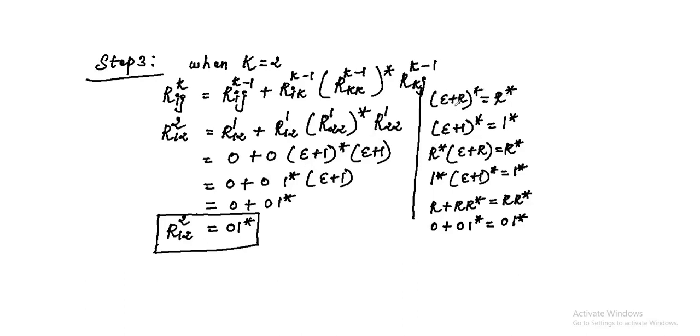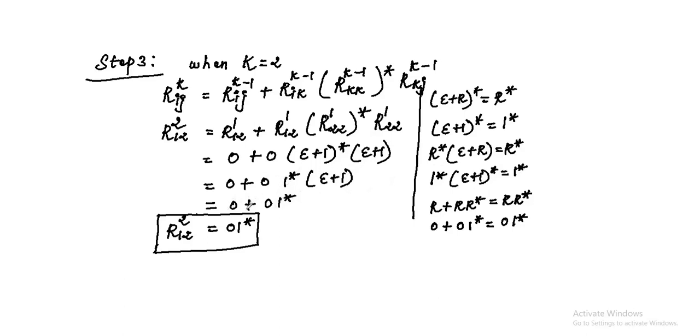Using the identity rules, epsilon plus r raised to the power star equal to r star. So epsilon plus 1 raised to the power star equal to 1 star. Here I am writing 1 star. Remaining epsilon plus 1. Next identity rule, r star epsilon plus r equal to r star. So 1 star epsilon plus 1 raised to the power star equal to 1 star. Then we can easily write 1 star here.